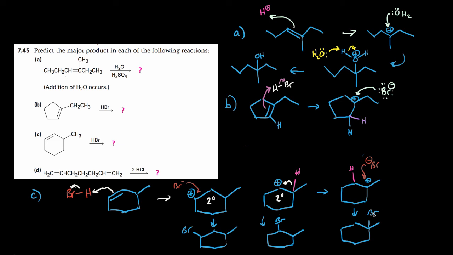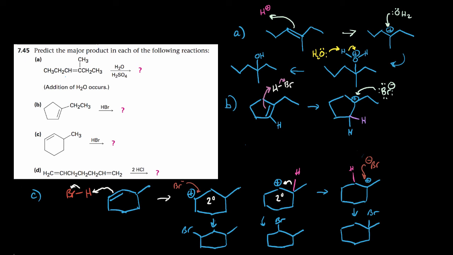This highlights that these reactions often don't proceed with perfect selectivity, and when you have carbocations, you have the opportunity for lots of shifting to take place.